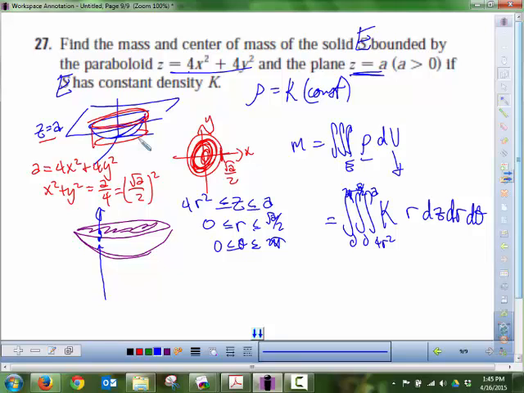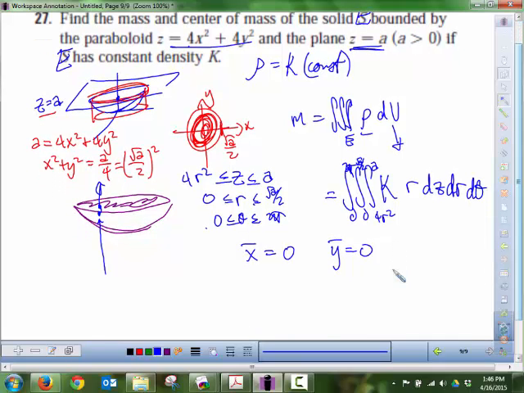This is balanced, and it's centered at 0, 0, right? So I would venture to guess that my x bar is equal to 0 and my y bar is equal to 0. So we don't have to do those other integrals. Yeah? So on the test, we can just write that due to symmetry? Yeah, if you have a question like this on the test.